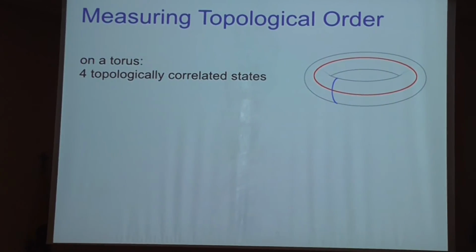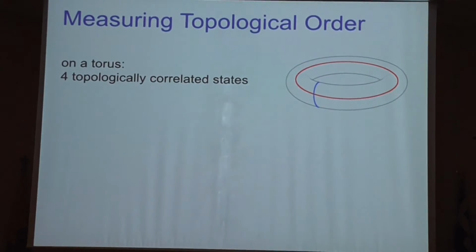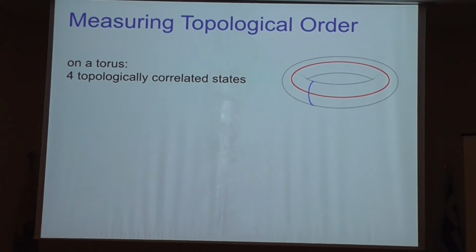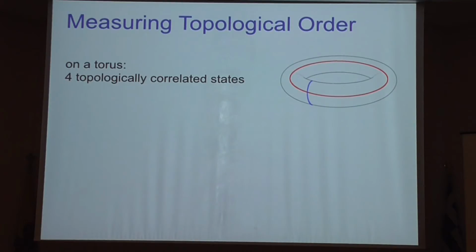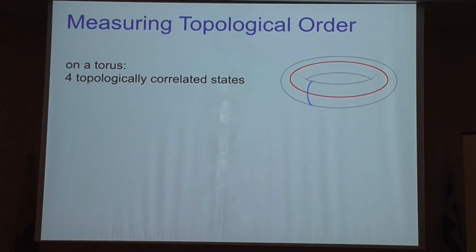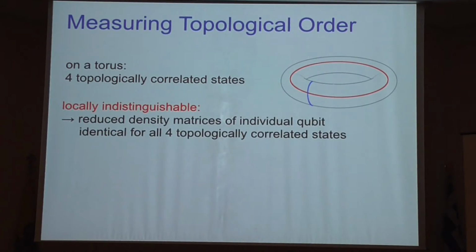Now I've addressed how to engineer such a Hamiltonian and how to prepare a topologically ordered system. So what can you measure on that? On a torus, you have 4 of these topologically ordered states, and they should be locally indistinguishable. So measuring local, single-qubit quantities shouldn't tell them apart.